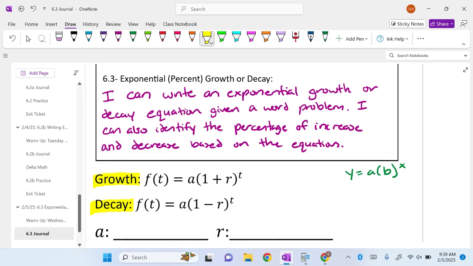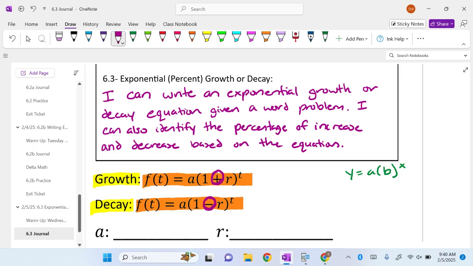There's just one sign difference. The growth formula is f of t equals a times 1 plus r raised to the t power. And decay is f of t equals a times 1 minus r raised to the t power. So growth has a plus and decay has a minus. That's the only difference between the two.